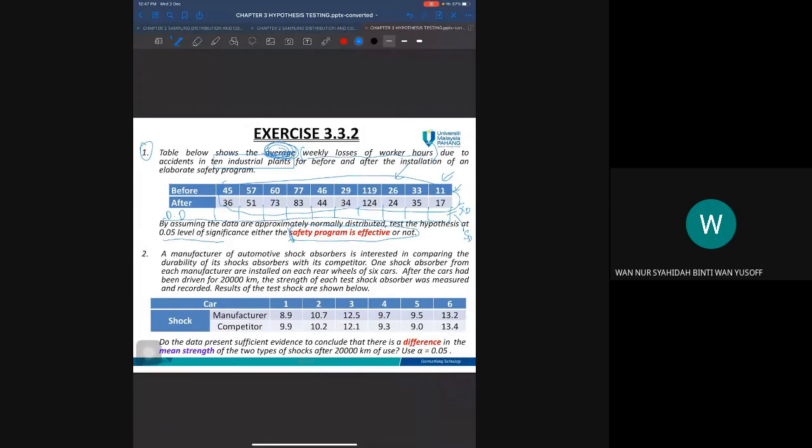If the safety program is effective, then these worker hours should decrease. So which one is the first population here?